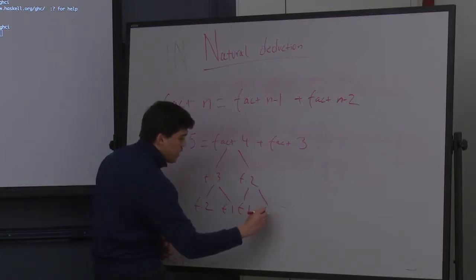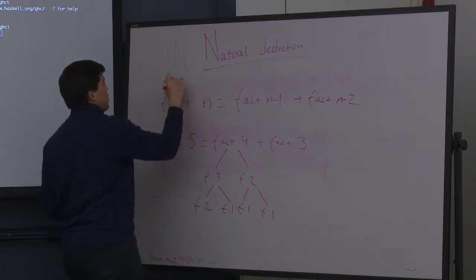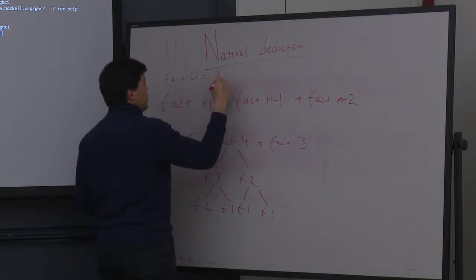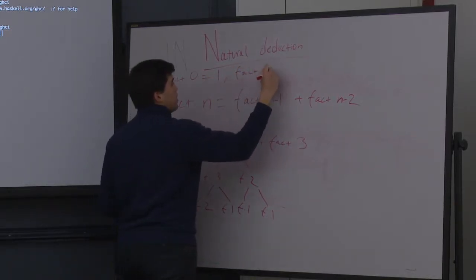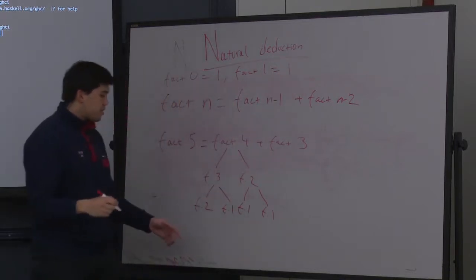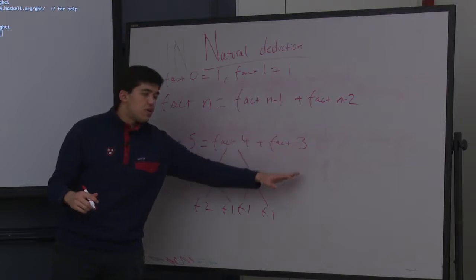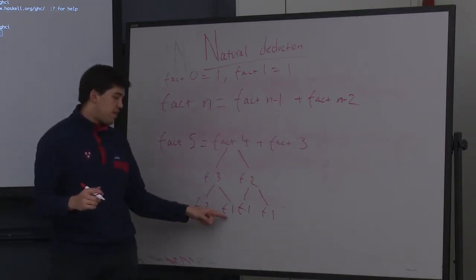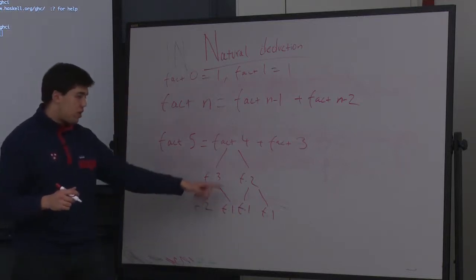And let's say you know that fact of 0 is equal to 1, and fact of 1 is also equal to 1. I didn't even draw the derivation tree for this. Just for fact 4, you were asked to evaluate the value for fact 1 three times, and fact 2 twice.